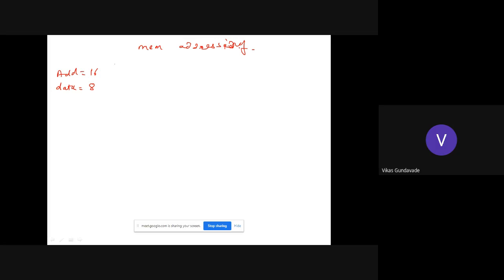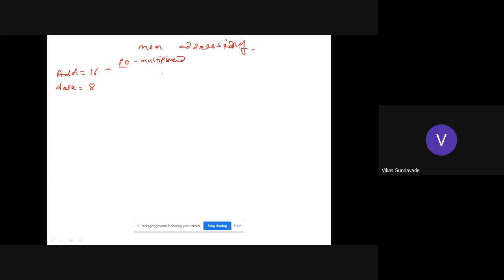Now, in the 16 address lines, 8 address lines are available at port 0, and these are multiplexed address lines. That means the same lines are working as address as well as data.